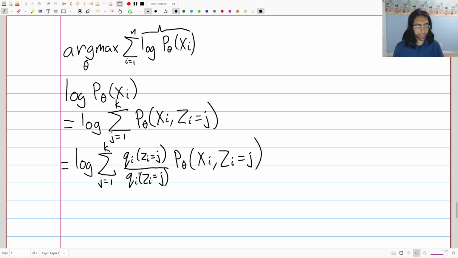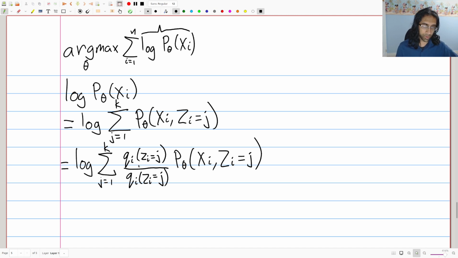But what are we doing here? What is this qi of zi equals j? For now, it's going to be an arbitrary distribution. I claim that this is always an equality for anything you put in here. But what this represents is the distribution, for point xi, of what the label of that point is. Remember, each point has some unknown distribution over the labels. It could have been zi equals j for any j in 1 through k.